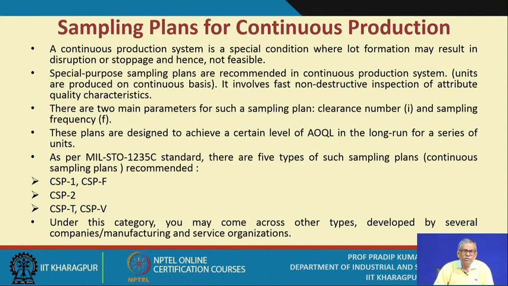So the productivity gets lost, and you will not get acceptable performance. So this is not acceptable. So for continuous production, if you want to use a sampling plan, you go by a unit sampling plan.